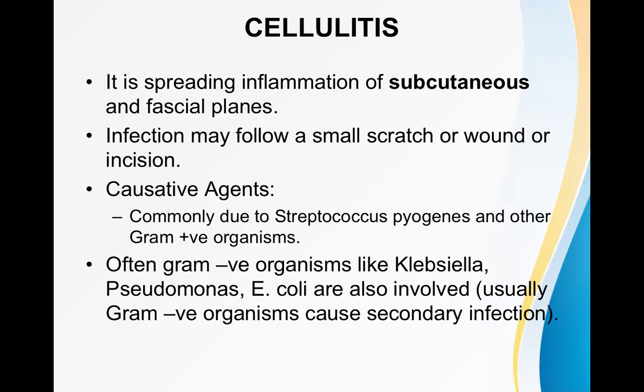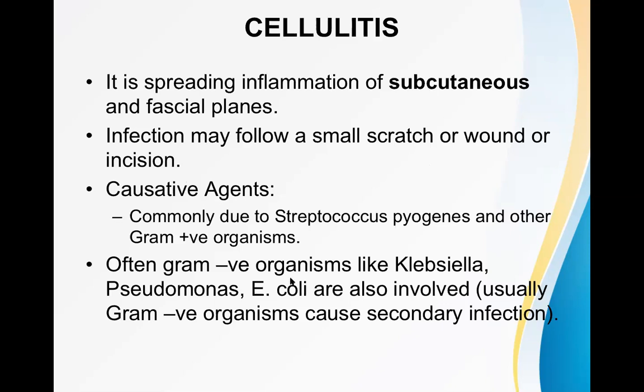They are also involved in spreading type of cellulitis. But mainly cellulitis is the infection and inflammation of subcutaneous region. This infection may follow a small scratch or wound or even incision on the skin. This is the way the infection begins.